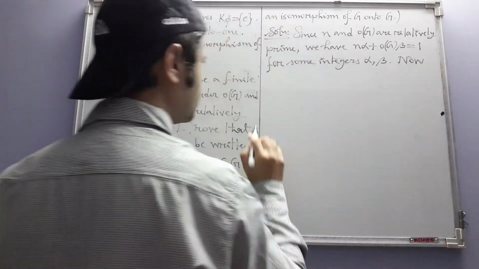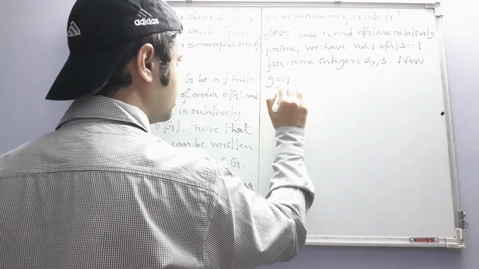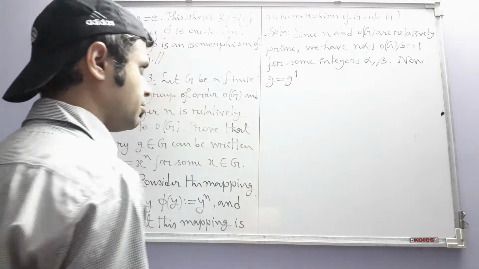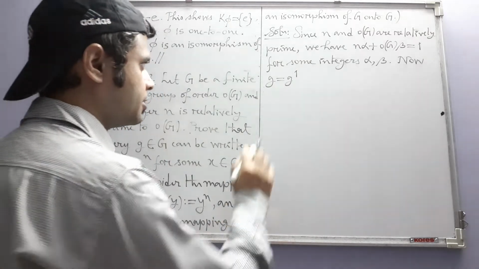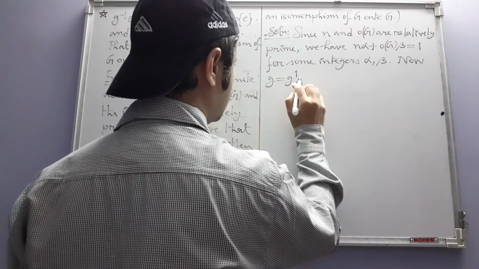Now g can be written as g to the power 1 by the definition of integral powers of group elements. g to the power 1 means g.